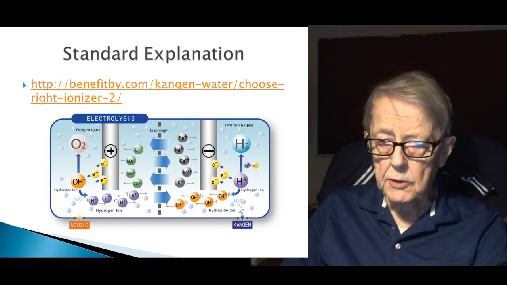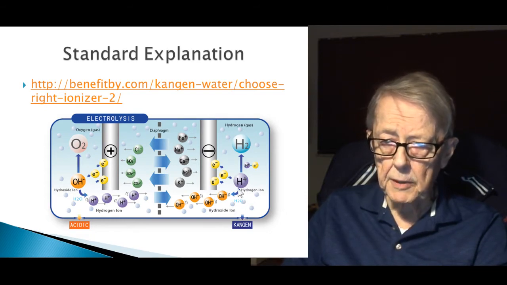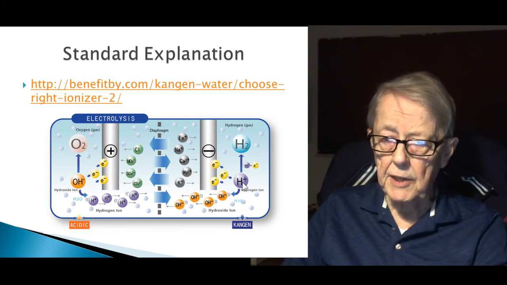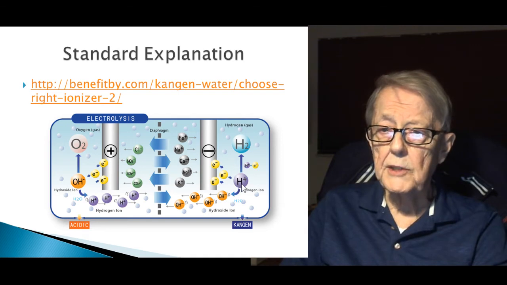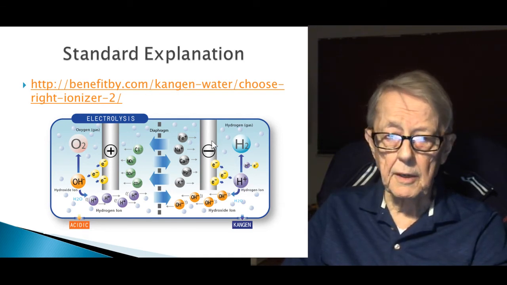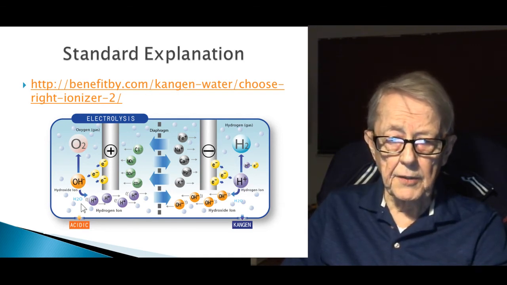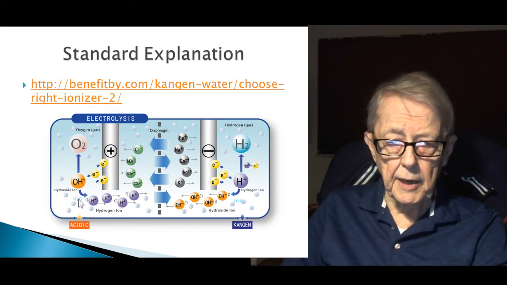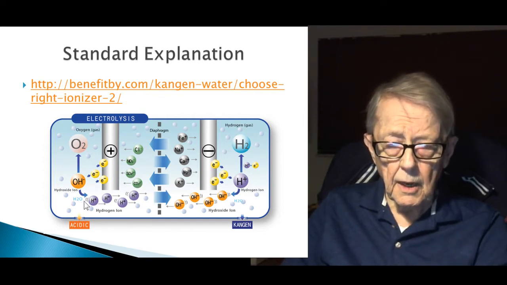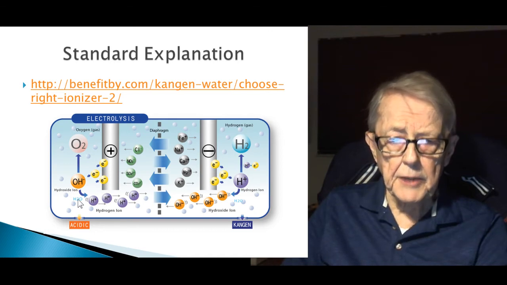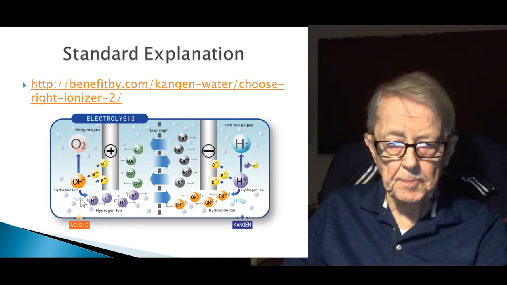Water splits, here's the water, and it will split into the hydrogen ion and the hydroxide ion. That's the chemical reaction that happens before you even put the battery to it. On this side, we add hydrogen sulfate, excuse me.